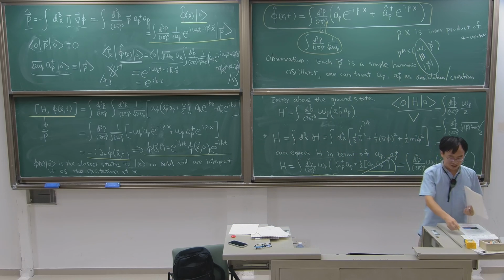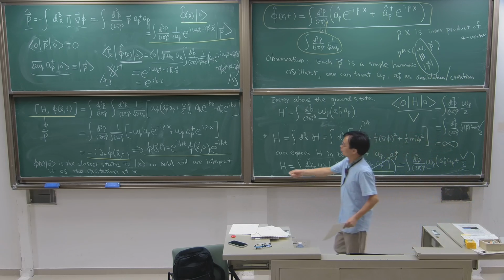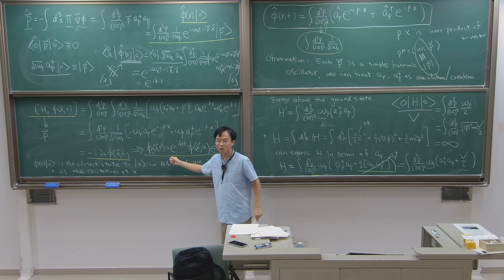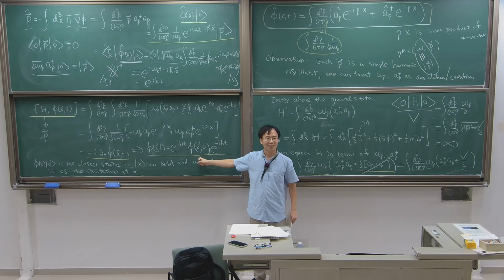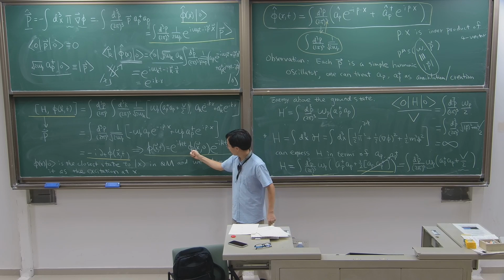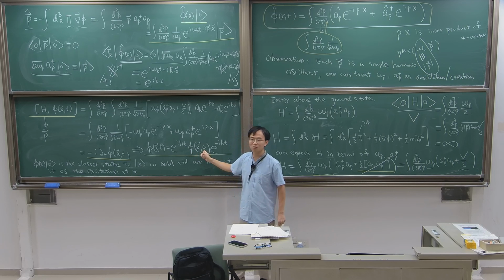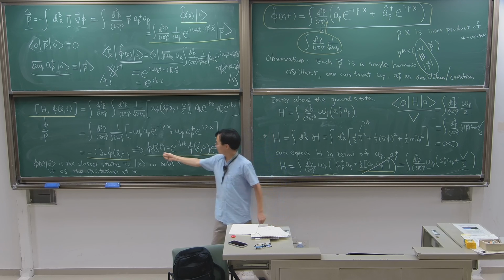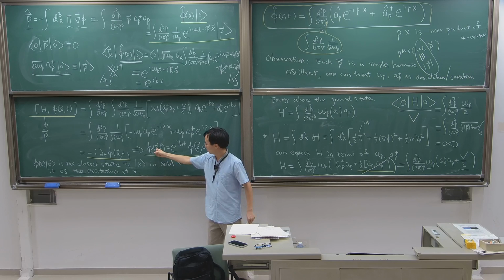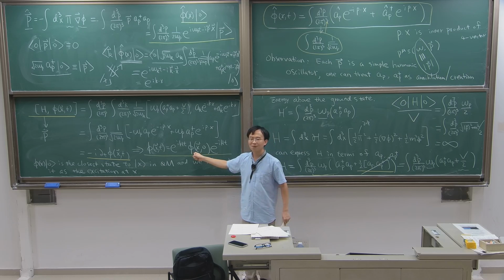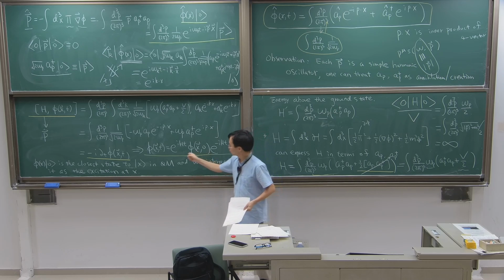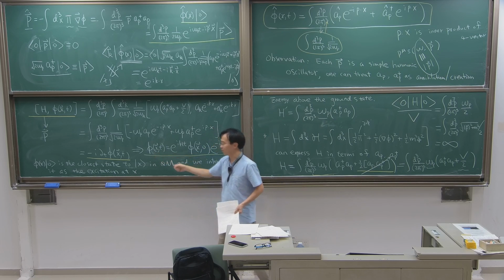But basically, this means something interesting, right? This solution expressed in this form really means that H generates time translation. You see it? Because in this case here, my operator is located at t equals 0. Now this operator becomes the operator at time equals t. So this is about how to transform the operator located at time equals 0 to the operator at time equals t.